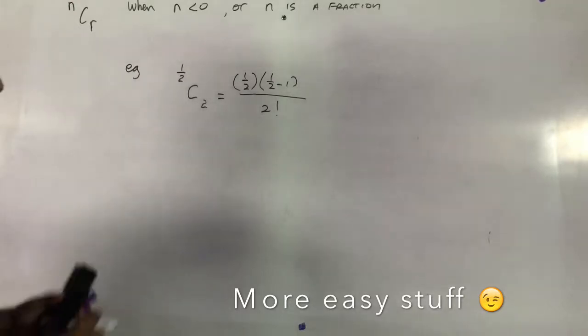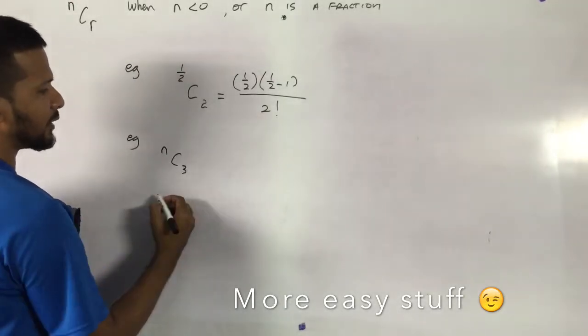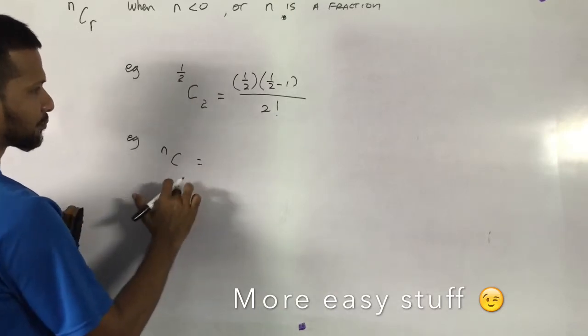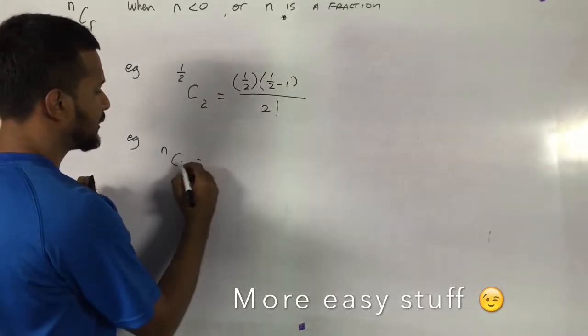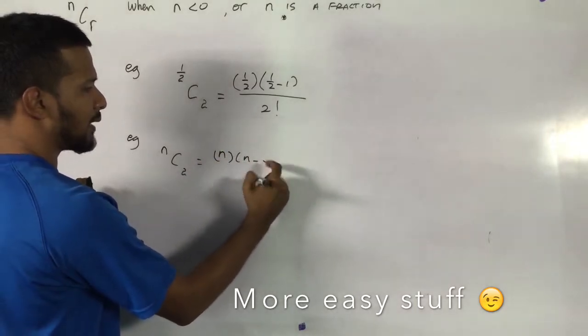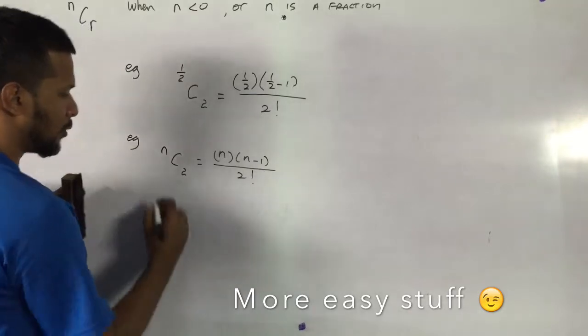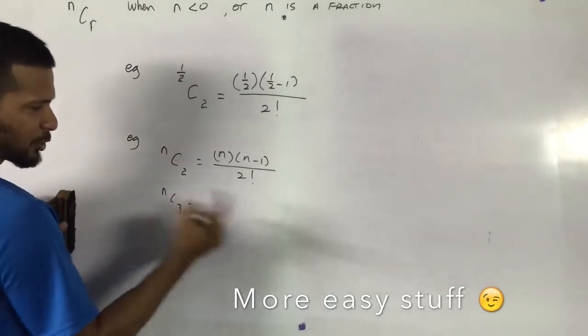Where does that come from? Well, the rule looks something like this. What is NC2? It is n by n minus 1 all over 2 factorial. What is NC3? Well, it's 3 terms now, right?